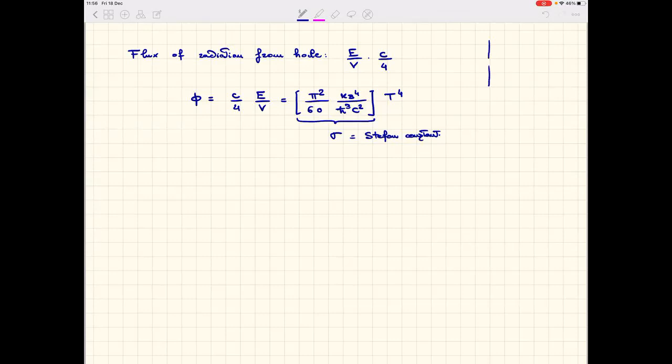What you will see is essentially, per unit time, the energy density of the radiation that stays on this side of the wall and that gets out. So the energy per unit area and per unit time is going to be given by this expression.